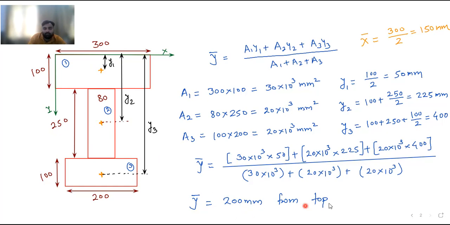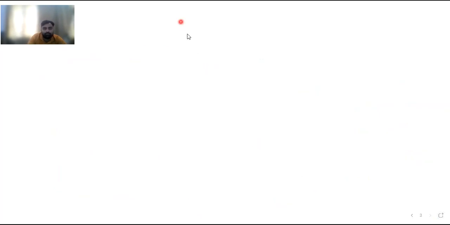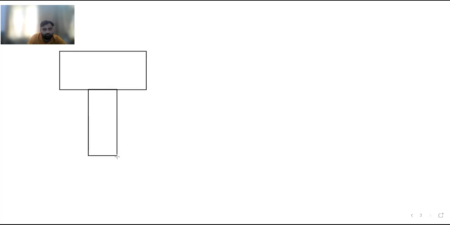X bar is 150 and y bar is 200. So now this is our diagram 1, 2, 3.